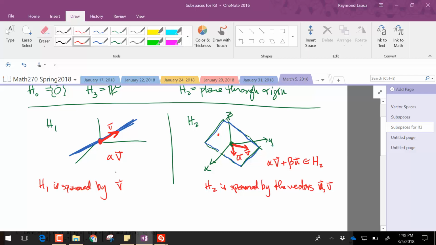Well, in this case, it only has one vector. Okay? Yeah.